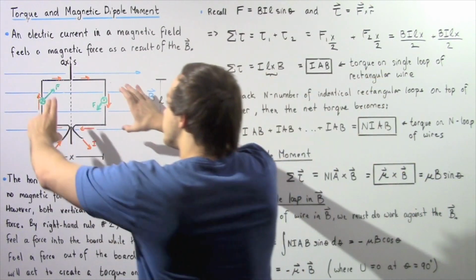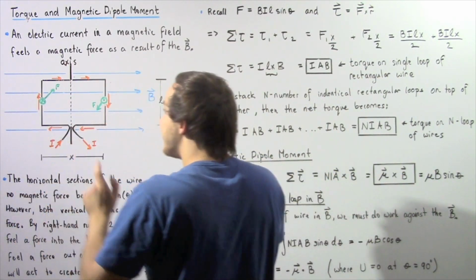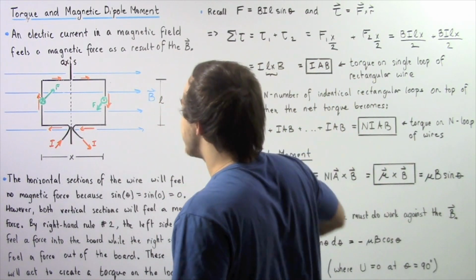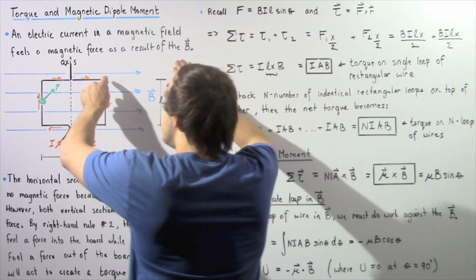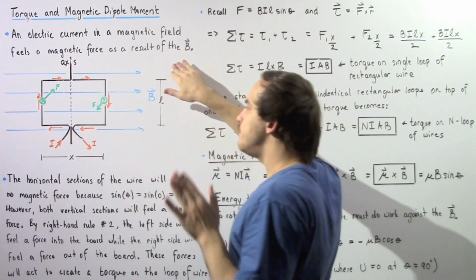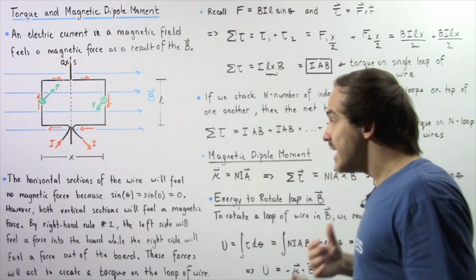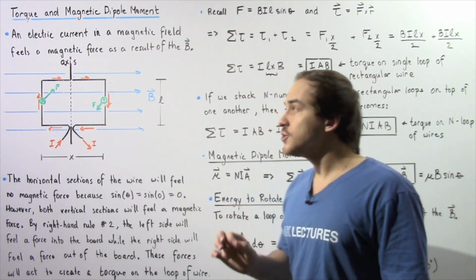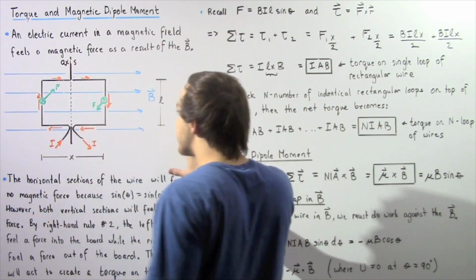Now, let's move on to examining these vertical sections. These sections lie at an angle of 90 degrees with respect to our magnetic field. Sine of 90 is 1, so these sections will in fact feel a magnetic force as a result of our magnetic field. Now, let's apply right-hand rule number 2 to determine the direction of the forces acting on these two sections.